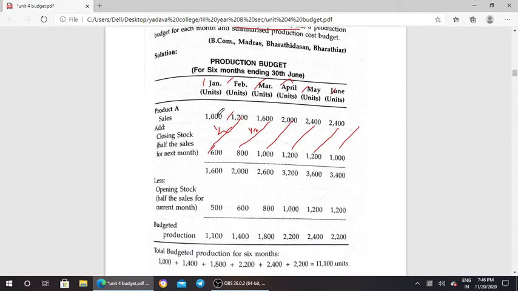So when we add all these things, you will be having 1,600, 2,000, 2,600. Then less the opening stock. How will the opening stock be taken?